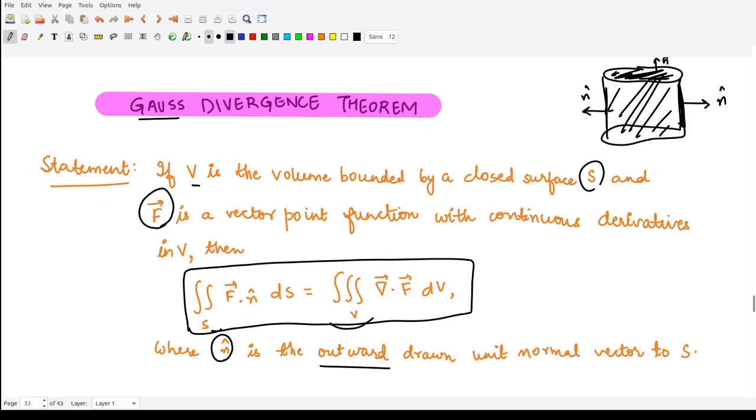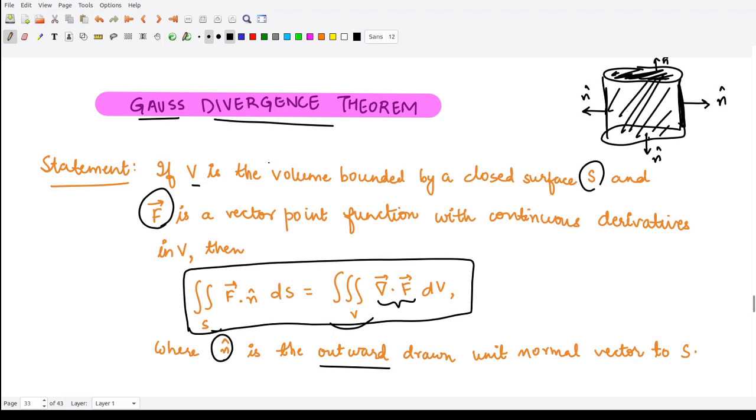For the surface below this, it would be like this, right? So this is our n cap vector, and here we say the surface integral of the vector f dot n cap is equal to the volume integral of the divergence of the vector f. So that is why its name is the divergence theorem, right?